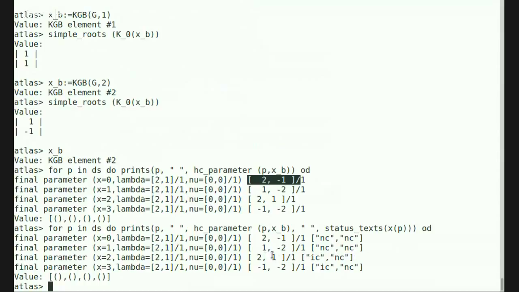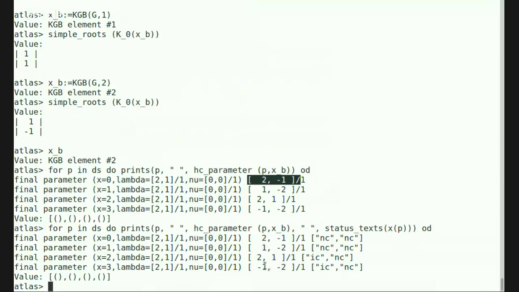And the simple roots in this chamber are the root E1 plus E2 and minus 2E2. And since I've chosen xb equal to 2, and E1 minus E2 is the compact root, that's the usual thing.